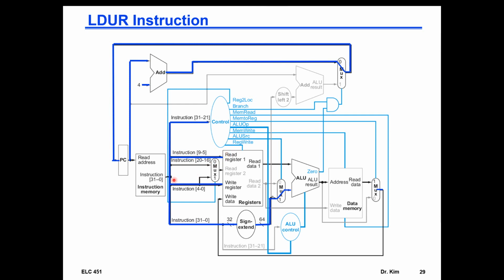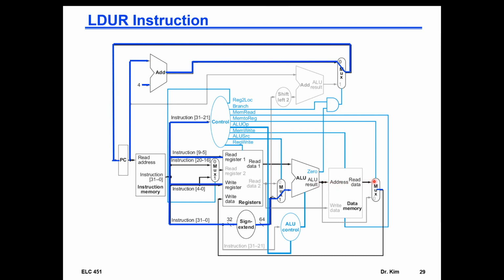But now what we do have is an immediate field that comes from the instruction. And we sign extend that immediate field. And now that goes into the second input of the ALU. So we can add it with the base register that is over here and form the address that we're going to read the memory.